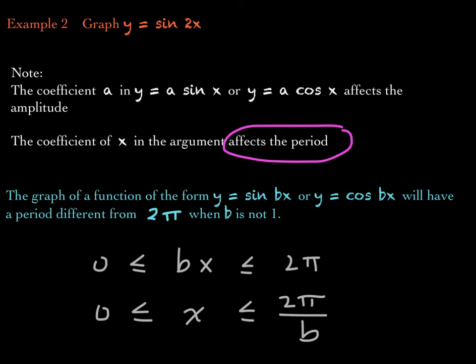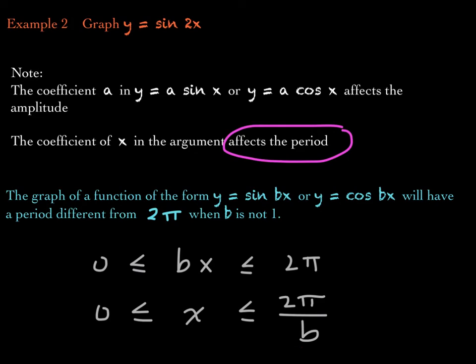Therefore, the period here will be 2 pi over b. This will be the period whenever the argument has a coefficient other than 1. Your function will take on all possible values as you allow your argument to run from 0 to 2 pi over b.